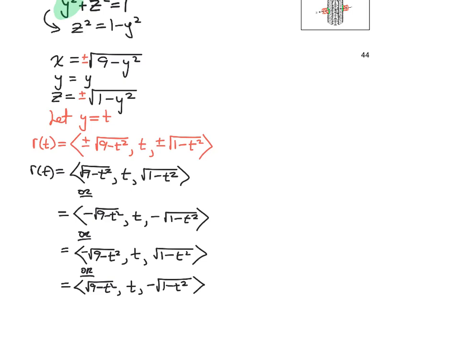Well, as it turns out, each one of these represents a half circle. Because if you think about it, in 2 space, if I wanted to graph x squared plus y squared equals 1, if I solved for y, I would get plus or minus the square root of 1 minus x squared. The positive version would be the top half of the circle. The negative version would be the bottom half of the circle.